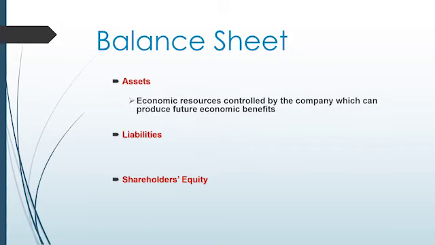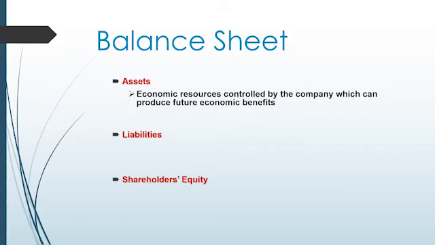There are three parts shown on a balance sheet: assets, liabilities, and shareholders' equity. Assets are the economic resources controlled by the company which can produce future economic benefits. For example, land and building, equipment, and furniture.